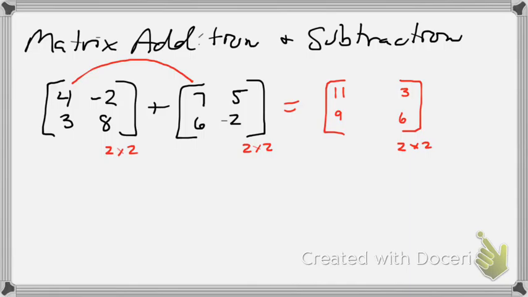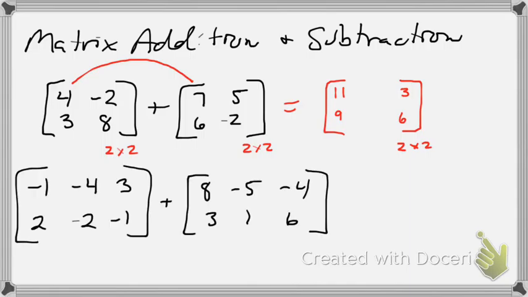So let's look at another example first. We have two matrices. They are both 2 by 3s. Okay? So we can add them because they have the same dimensions.